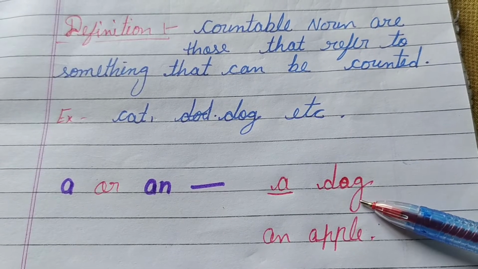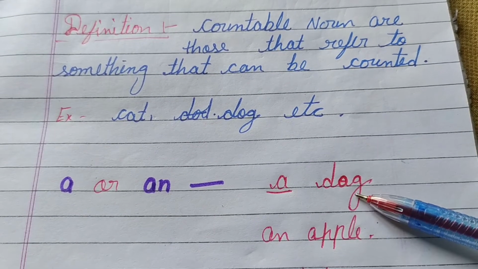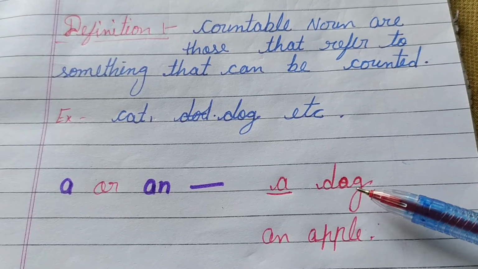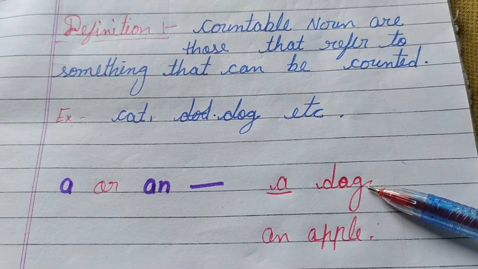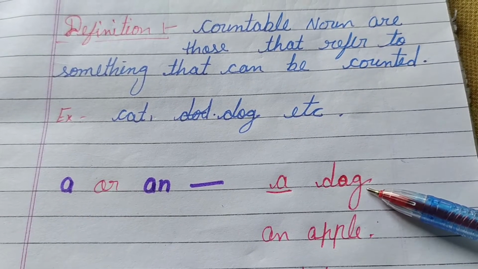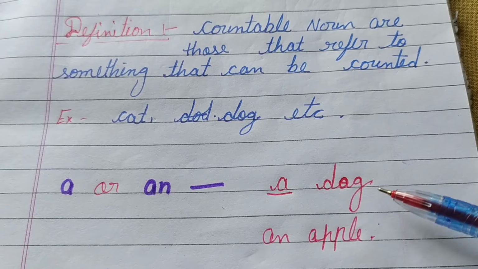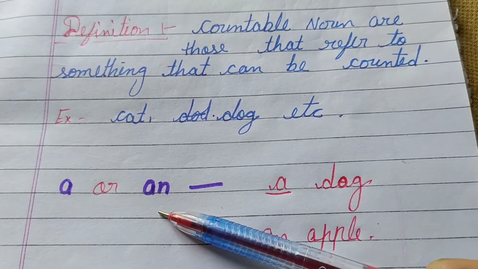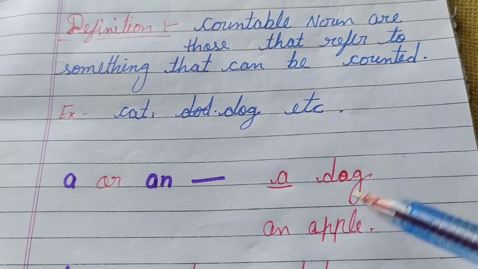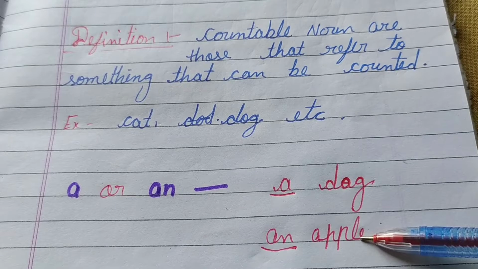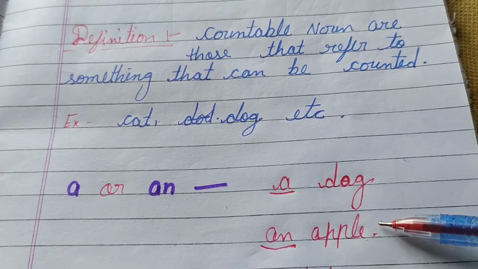If the noun starts with a vowel sound, what is a vowel sound? For example, A, O, E, I, U. These are all vowels, and if it starts with a vowel sound, then we use an before the noun, like an apple.